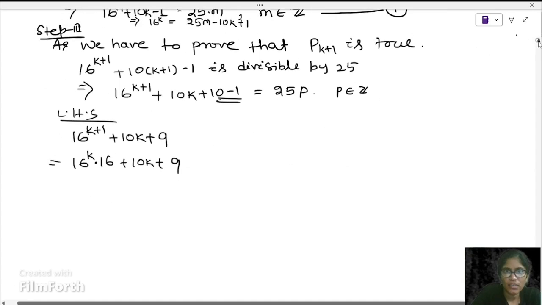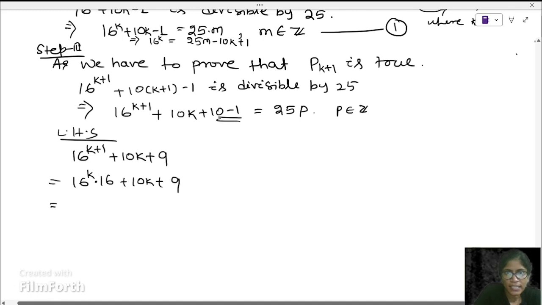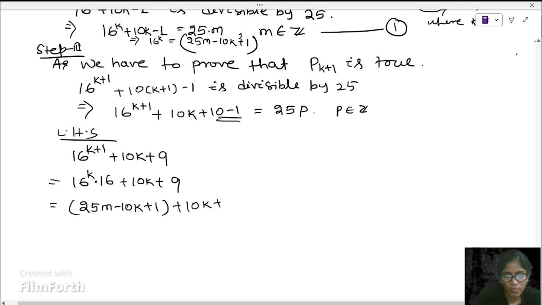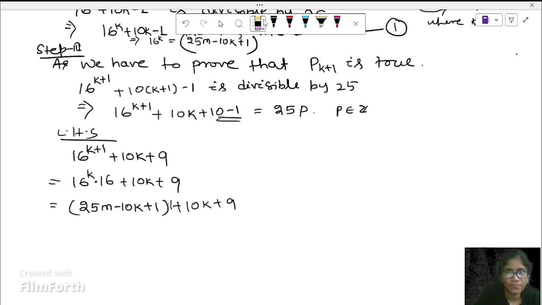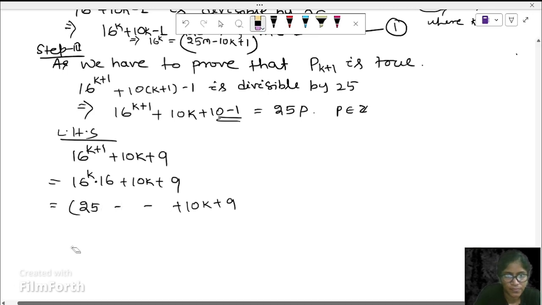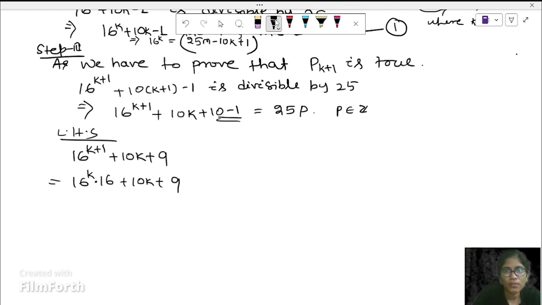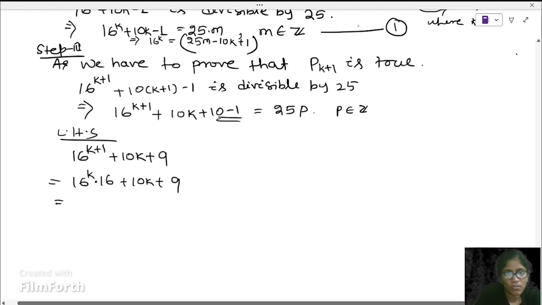From equation 1, in place of 16 to the power k, we can write 25m minus 10k plus 1.